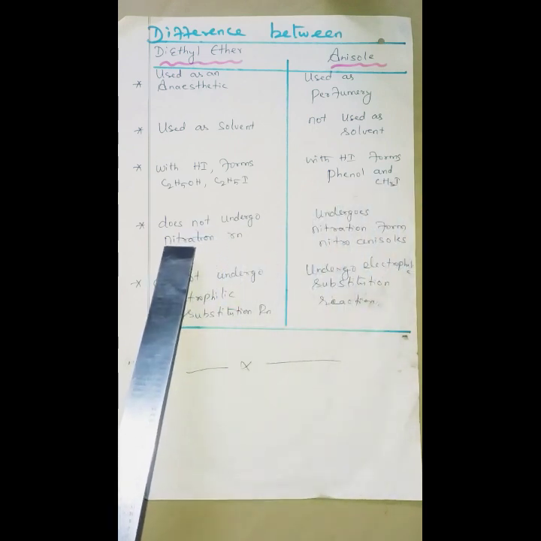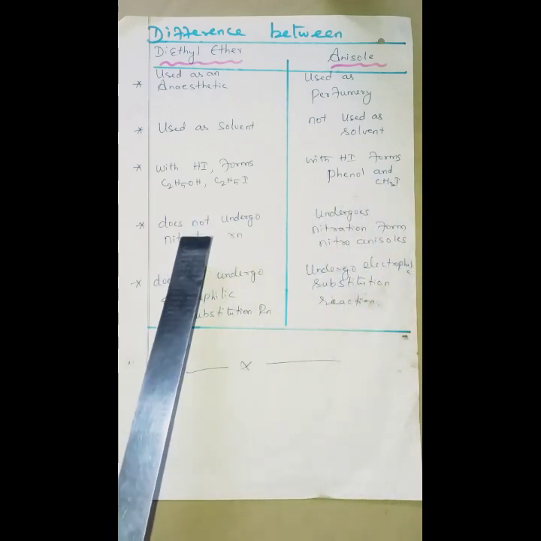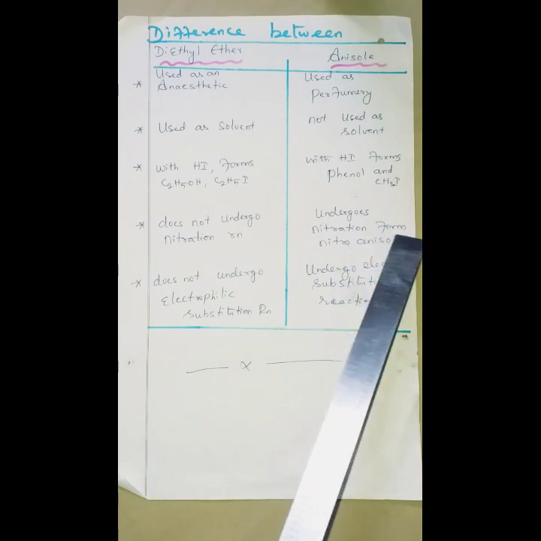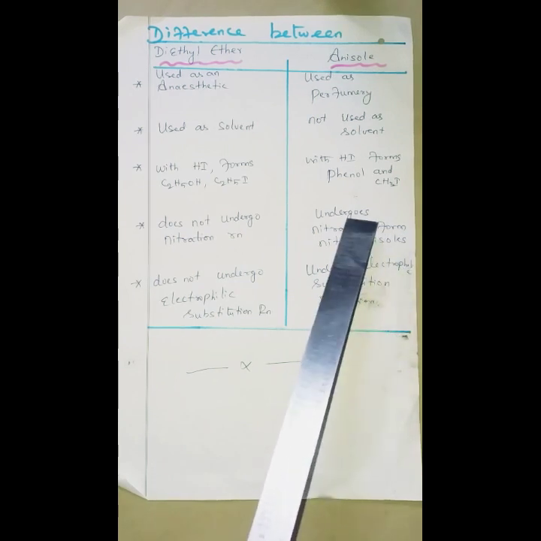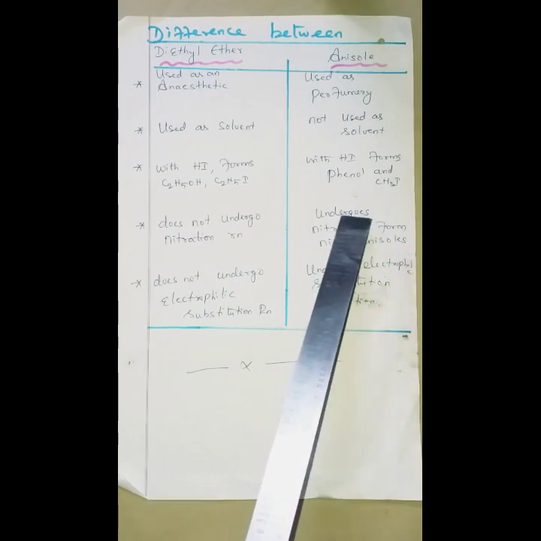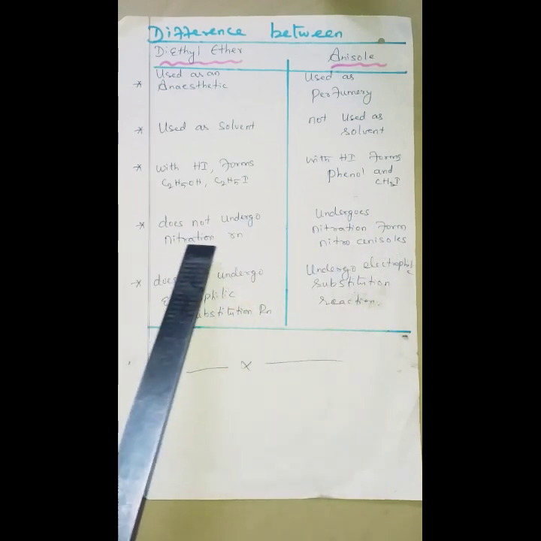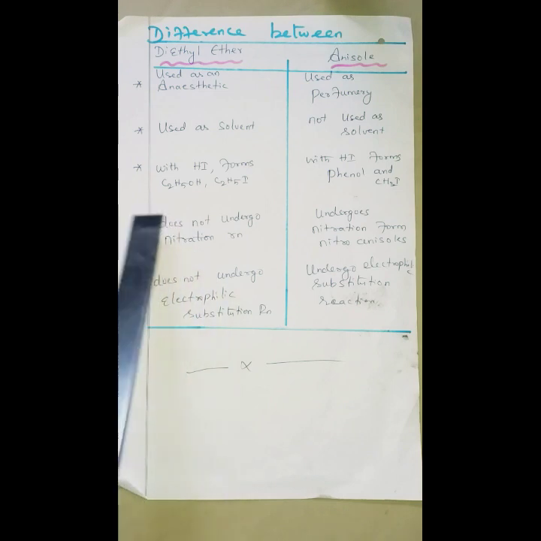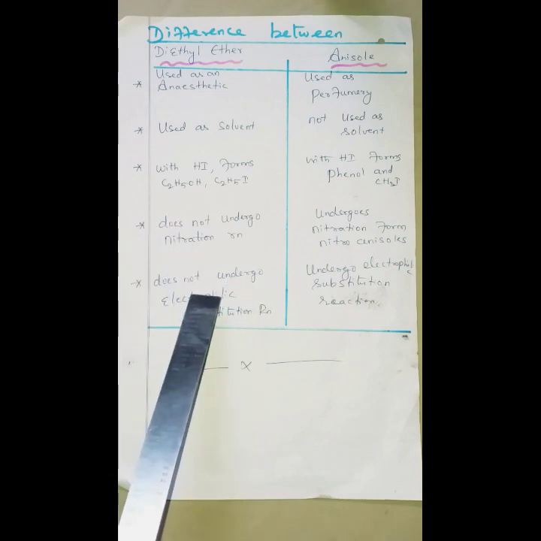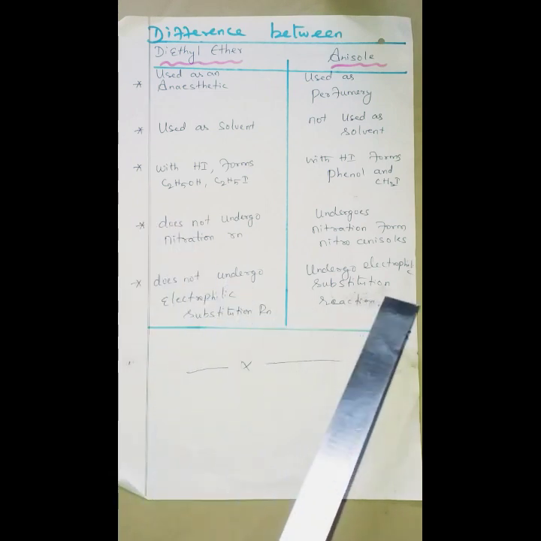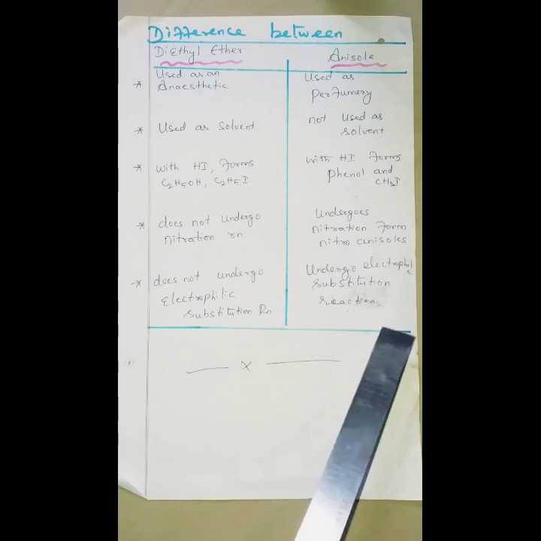Diethyl ether does not undergo nitration, but anisole undergoes nitration with the nitrating mixture and forms nitroanisoles. The last one: diethyl ether does not undergo electrophilic substitution reactions, but anisole does.